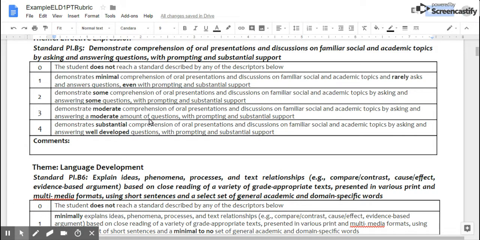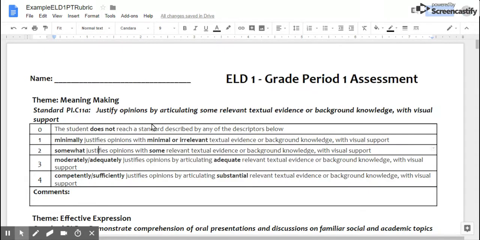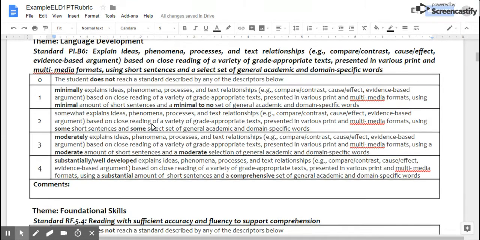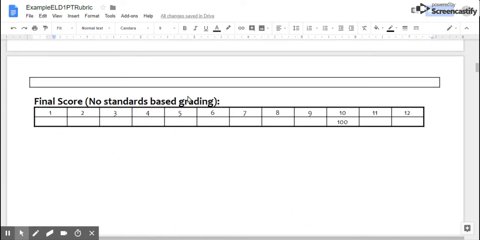So that's in the prompt here. I can grade the performance task as the student is doing it or shortly afterwards and grade it based on the standards. Or if we're not ready for a standards-based grading system, there's a conversion table that we can create at the bottom, but more on that later.